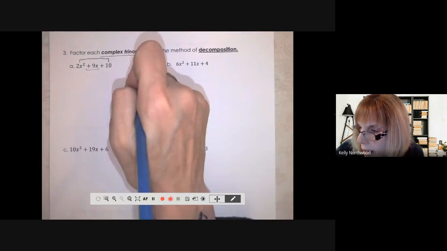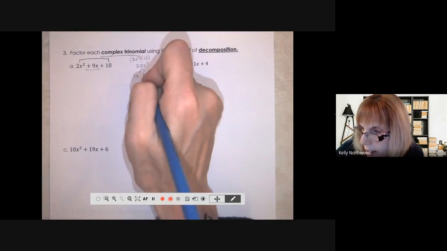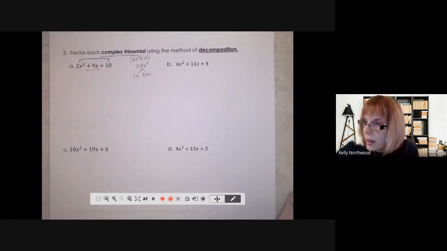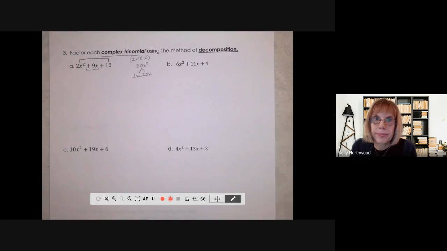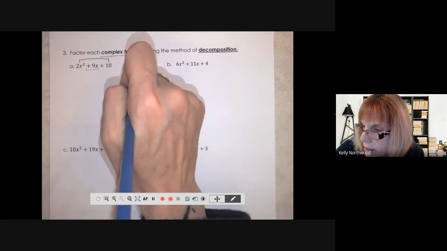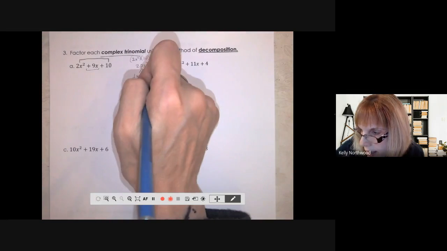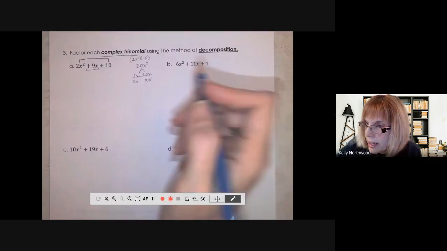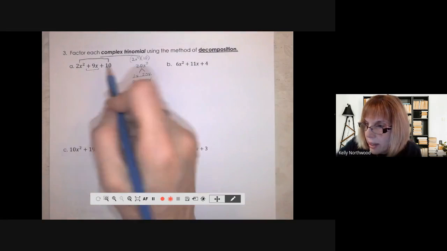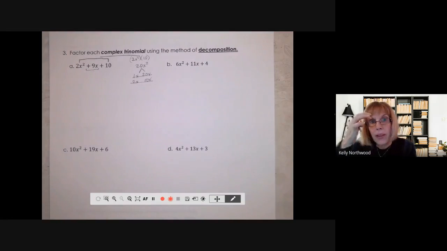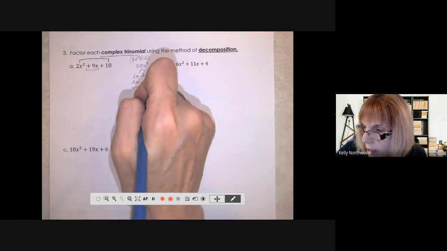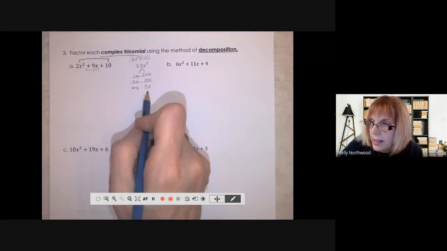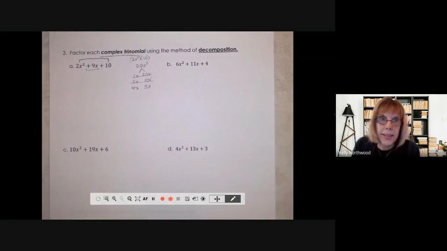So they could be 1x and 20x, because that multiplies to 20x squared, but it adds to 21x, so it's not them. So then I would try 2x and 10x, because that multiplies to 20x squared, but it adds to 12x, so it's not them. 3 doesn't go in evenly to 20. 4 goes in 5 times, so 4x and 5x. Yes, because they add up to 9x.